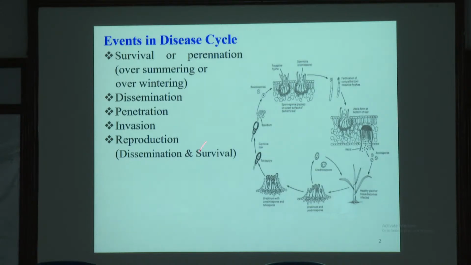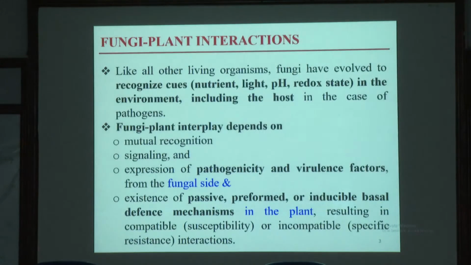So if you start to see from survival to survival, it will pass through the host. During the host interaction, it can have either beneficial or pathogenic, and in the pathogenic it can be either biotrophs or necrotrophs.